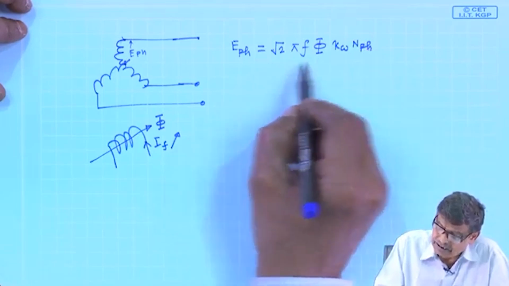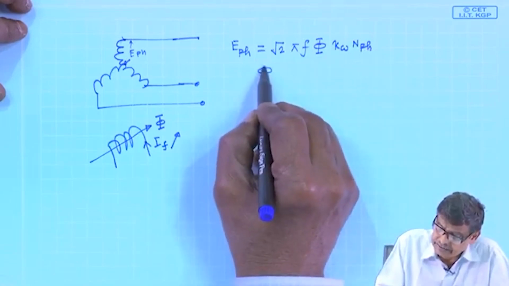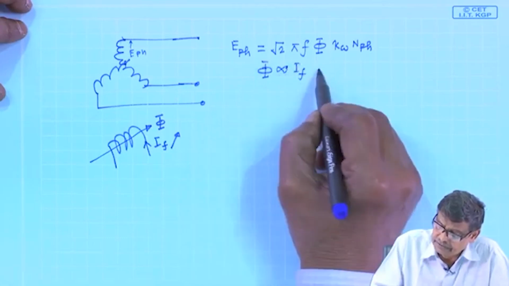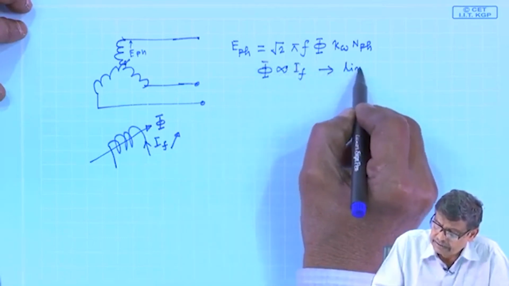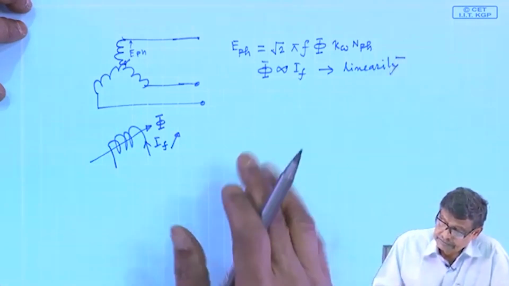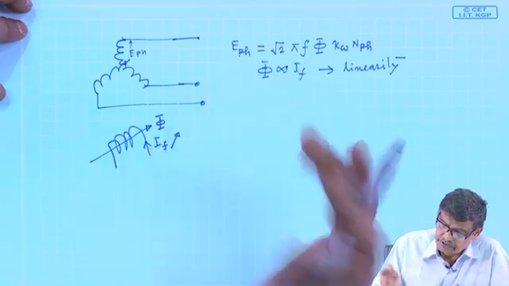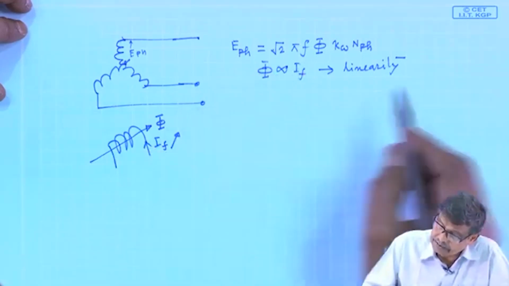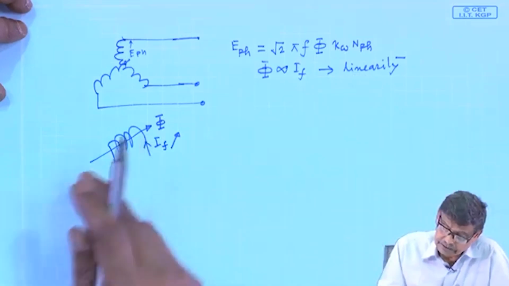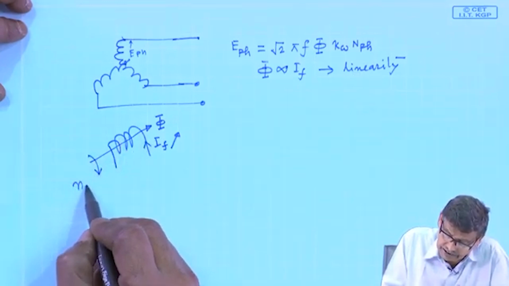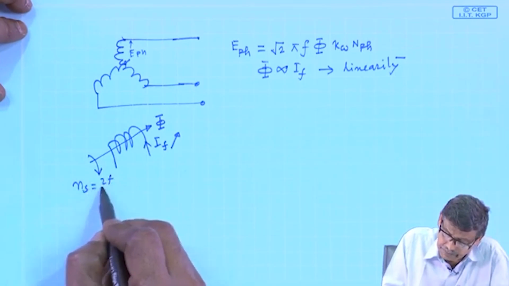And I told that this phi is proportional to IF, on the basis of the assumption of linearity. Field current more, flux per pole will be more, and this machine is running at a speed ns equal to 2f by p.